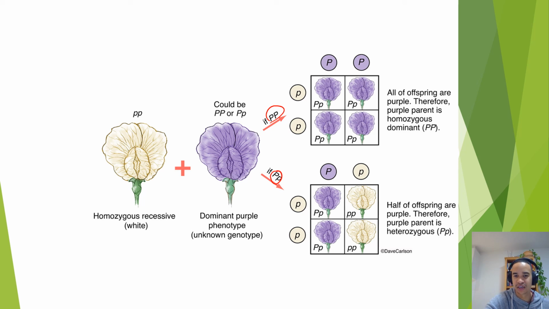But if our flower is a heterozygote, we have that 50-50 split again, where half are showing the recessive phenotype because it's passed on the recessive allele, and half are heterozygotes. Okay, hopefully that's nice and clear.